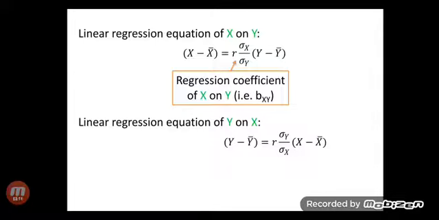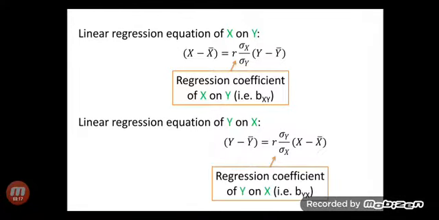Similarly, in the regression equation of y on x, the term r into sigma y by sigma x is known as the regression coefficient of y on x, denoted by byx.